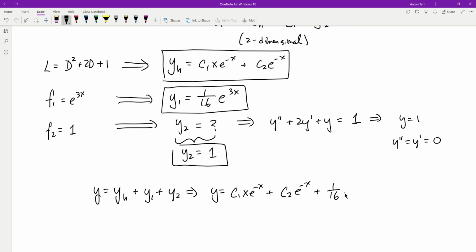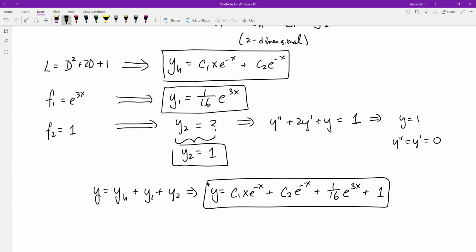Plus 1 over 16 e to 3x, that is a solution unique to f1, plus 1, which is unique to f2. I would suggest that you try to find the first and the second derivative of this function right here, and then see if you can plug it into our differential operator D squared plus 2D plus 1, and see if that actually comes out to be e to 3x plus 1.